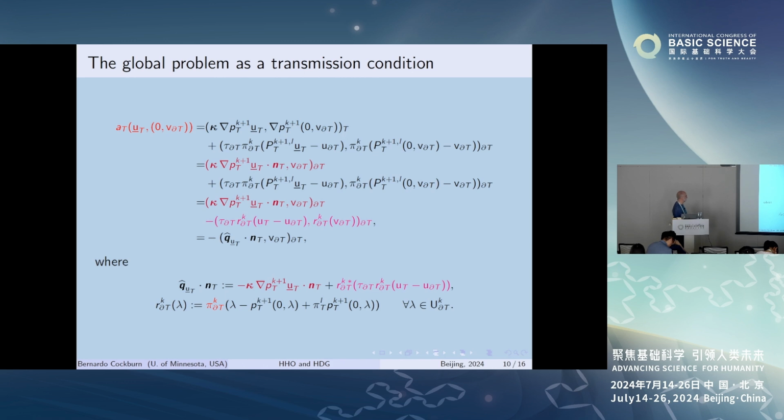I guess I made a mistake, but anyway, the point is that we have something times V in the border, something else times V in the border. This operator here, we take the adjoint and put it there, and then we factor out V in the border, and we get V in the border times something, and this something has this form. And this is exactly the numerical trace that we were looking for.